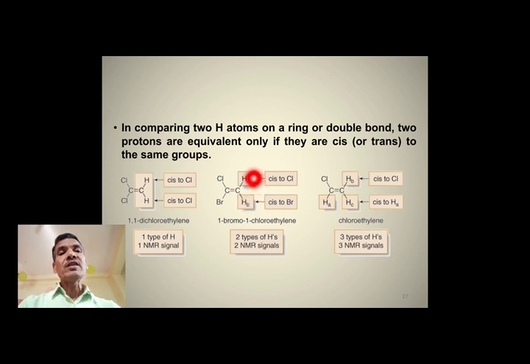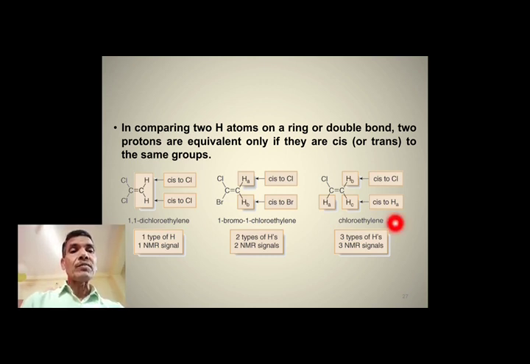While this Ha, this hydrogen atom, is cis to chlorine and trans to bromine. That means their chemical environment is different. Therefore, 1-bromo, 1-chloroethylene gives 2 signals in NMR spectrum.